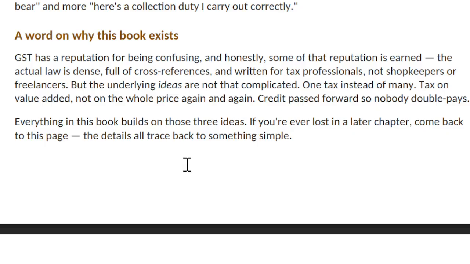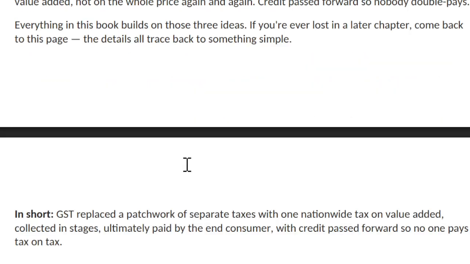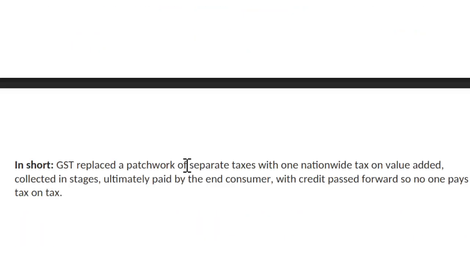Tax on the value added, not on the whole price again and again. Credit passed forward so nobody pays twice. Everything in this book builds on those three ideas. If you are ever lost in a later chapter, come back to this page. The details all trace back to something simple.